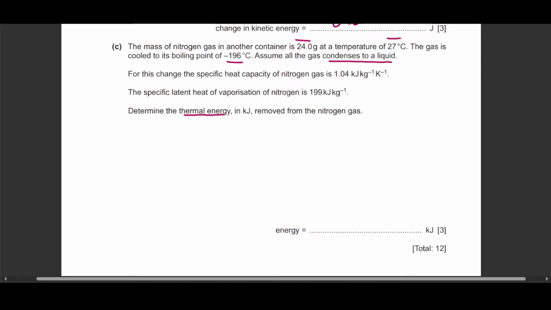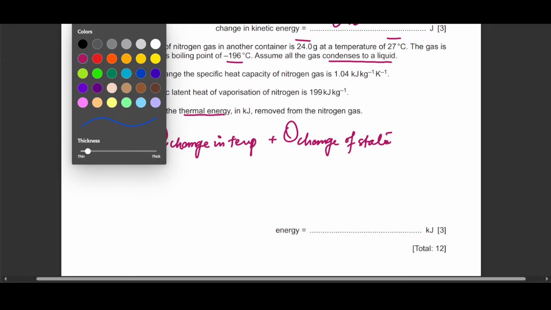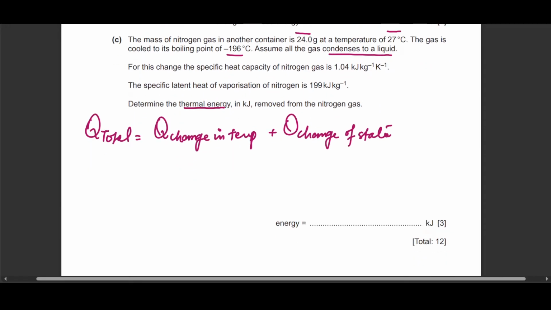So the total energy will be calculated as the energy from the change in temperature while maintaining the same state, plus the energy coming from the change of state. Can we recognize where these two changes are? The first change, the change in temperature, the formula for that is mcΔθ or mcΔT, plus the change of state formula is mL, right?